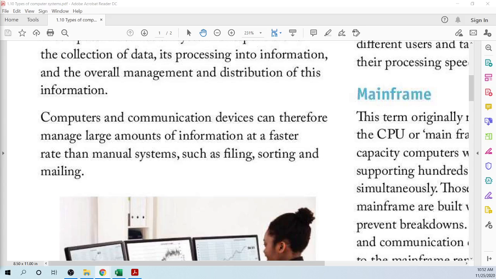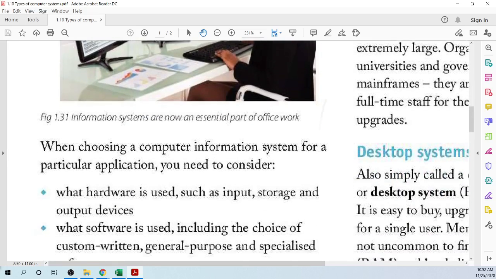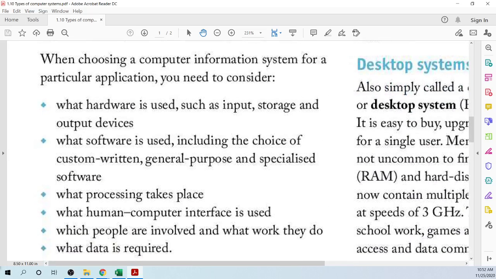So, in any given situation, there is some sort of computer system that we can make use of to make tasks easier. In each situation, the computer system might look different, but they all operate basically the same way because, in essence, they're still computers.